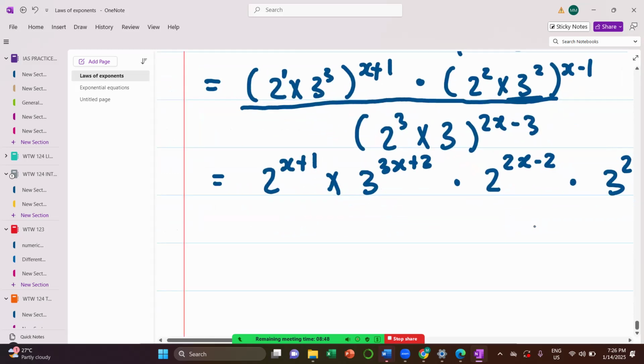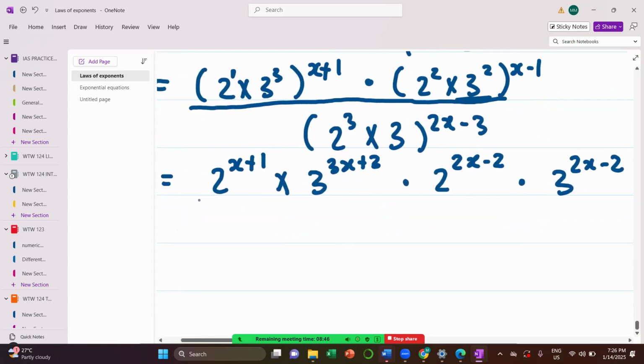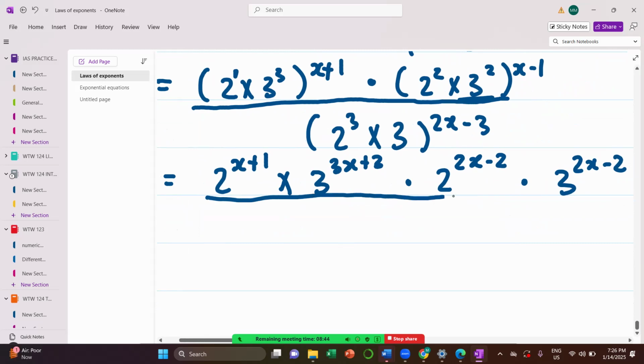That is what I have currently, all divided by. I still do the same thing at the bottom. So I'm going to have now what? I keep the base of 2, but I have the exponent of 3. So I'm going to multiply 3 by 2x minus 3, which is going to be 6x minus 9.